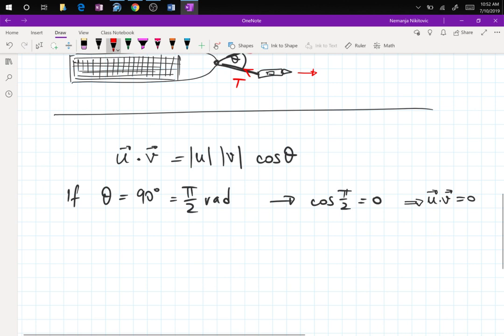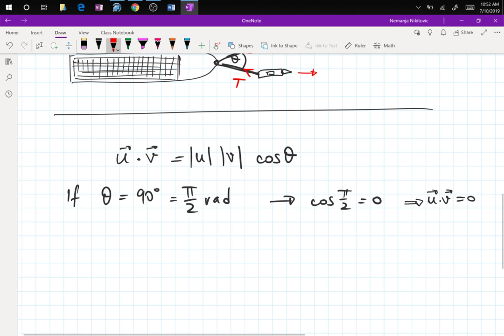if the dot product is 0, vectors are perpendicular. And it goes back the other way as well. So if the vectors are perpendicular, dot product is 0. If the dot product is 0, vectors are perpendicular. For that purpose, we use the wording if and only if.